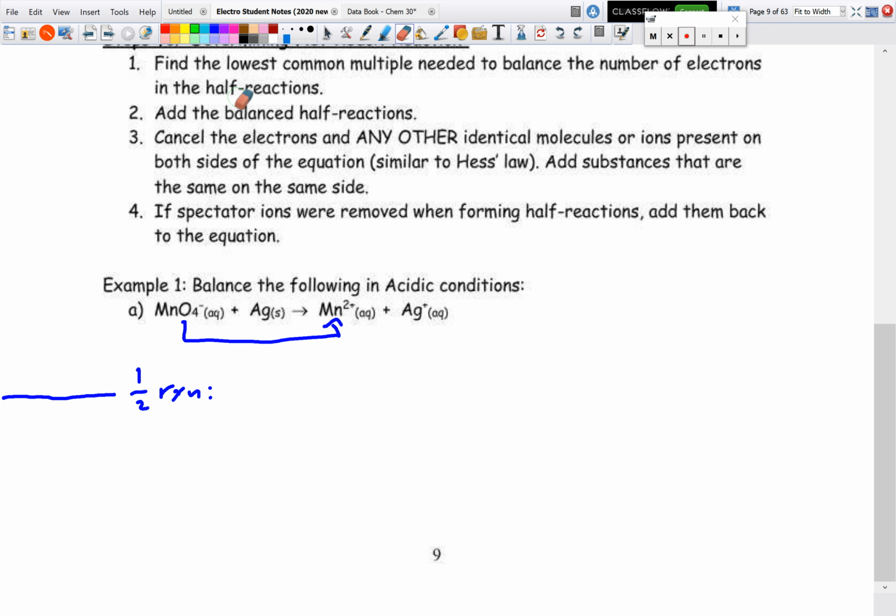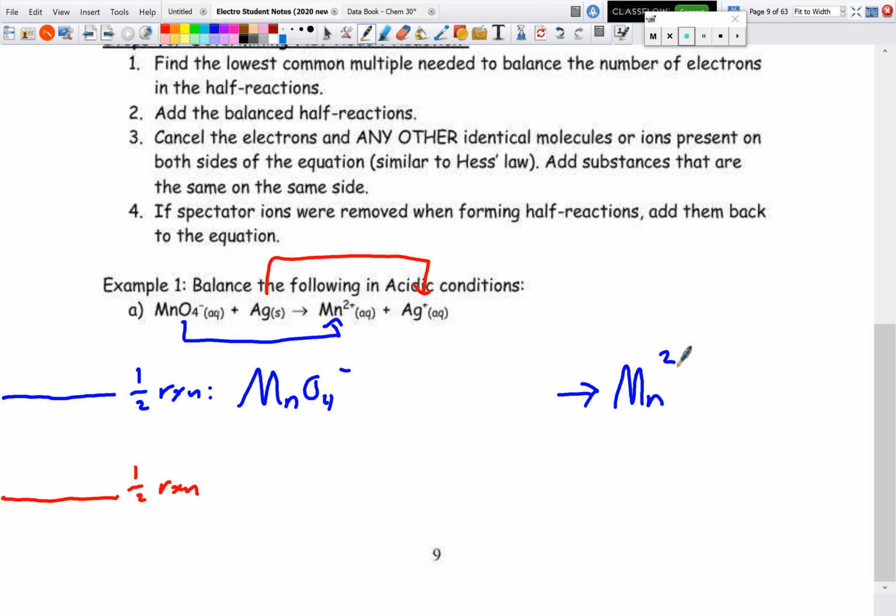The permanganate one is going to be in blue, and I will do the silver reaction in red, and this is also an unknown half reaction. So for our permanganate example, we are starting with MnO4 minus, something's happening to it, and it turns into Mn2 plus.